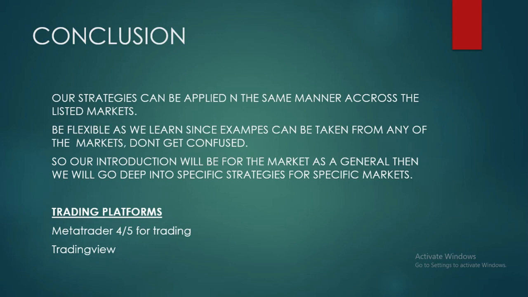We treat the markets just the same, be it the crypto, be it the financial markets. We just take them as the same, because the graphs present themselves in the same manner, right? So be flexible as we learn, since examples can be taken from any of the markets. Don't get confused, right? Why I'm saying this is because I'll pick some examples in my explanations or in the foundation, so that I will cover the whole scope, right?